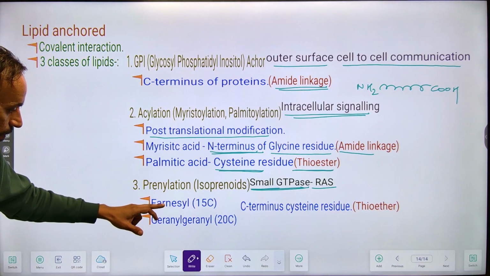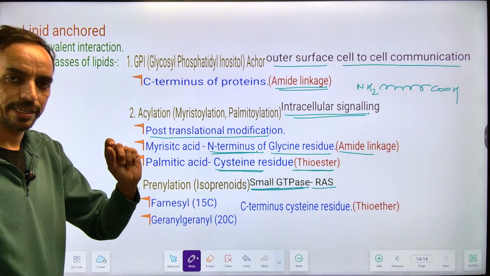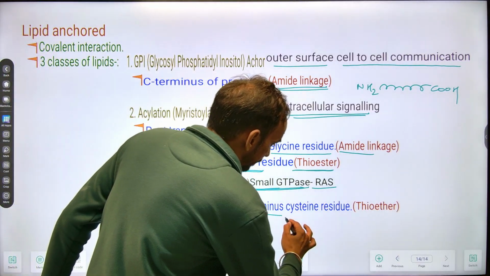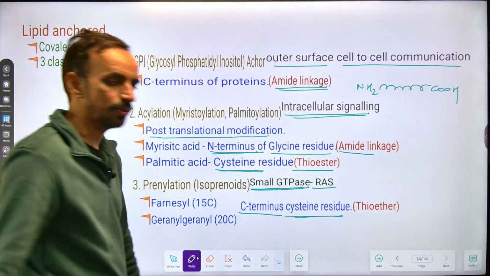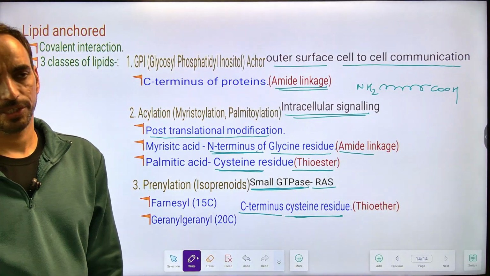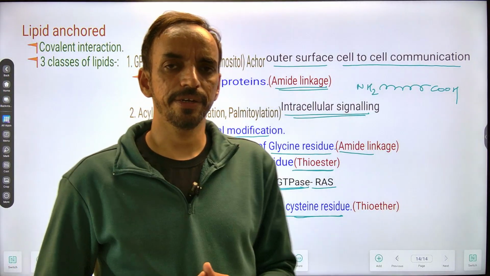So there is attachment of farnesyl or geranyl, and this farnesyl and geranyl that is the isoprenoids, they attach to the C terminus of cysteine residues. Cysteine residues which are attached होते हैं and through a thioether linkages. So this is all about the लिपिड एंकर्ड प्रोटीन.